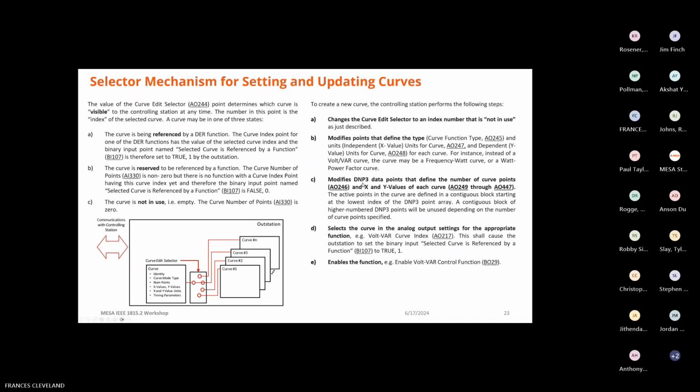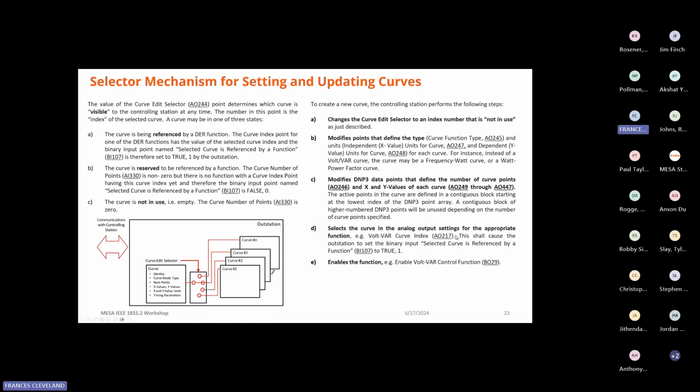So these then become a block of curves, and then it selects the curve in the analog output settings for the appropriate function. So again, we set it to being the volt-var curve.